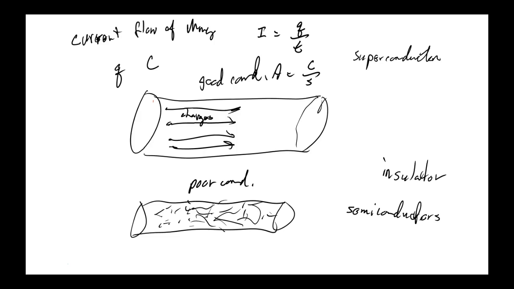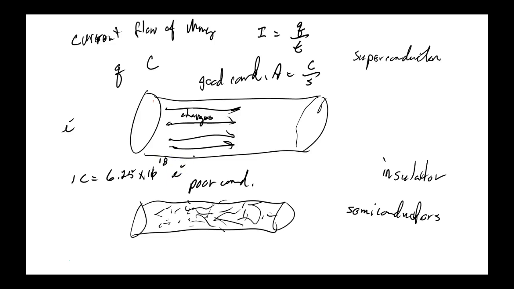But actually the smallest unit of charge is the electron. That's what actually holds it. Okay? And get this. They don't measure current in electrons per unit time. Here is the thing. 1 coulomb is 6.25 times 10 to the 18th power of electrons.